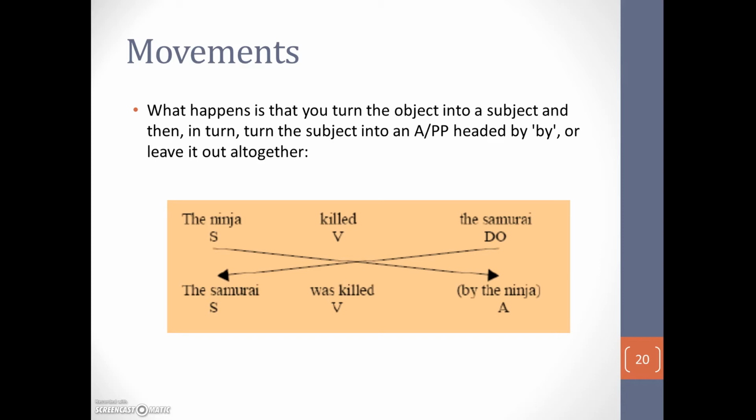This is made the subject of the passive. We keep the verb, obviously, but we change the aspect. So we have the auxiliary be in the past tense, because killed in the original sentence is past tense, and then we have killed in the past participle, and then the original subject, the ninja, becomes this optional adverbial at the end, which you can leave in or leave out. Obviously there are different reasons for doing both, and we're going to get to that as well.